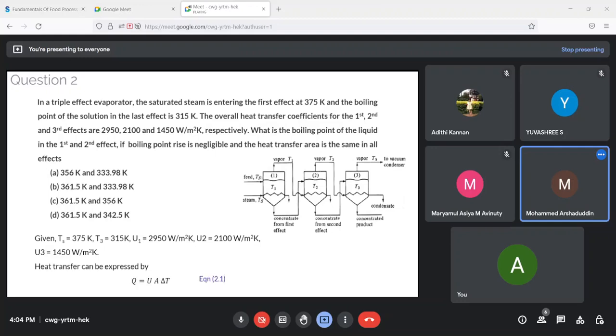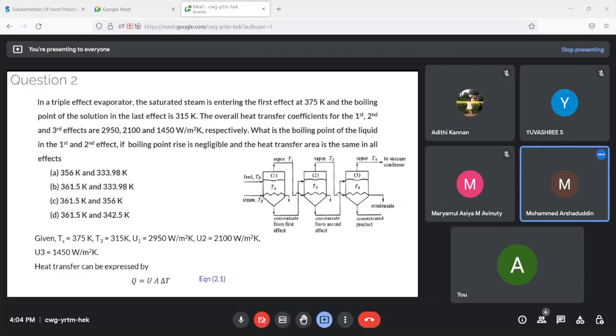Generally, heat transfer can be expressed as Q equal to U, which is the overall heat transfer coefficient, times A, which is the area of heat transfer, times delta T, which is the temperature of the steam minus the temperature of your liquid. That is the temperature difference required to enable the boiling of the liquid.